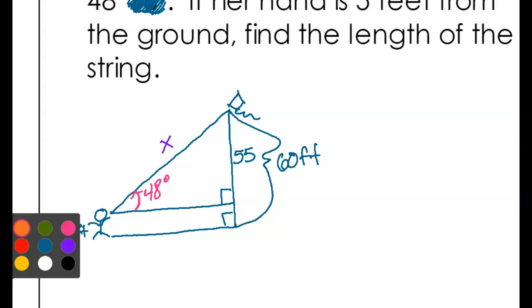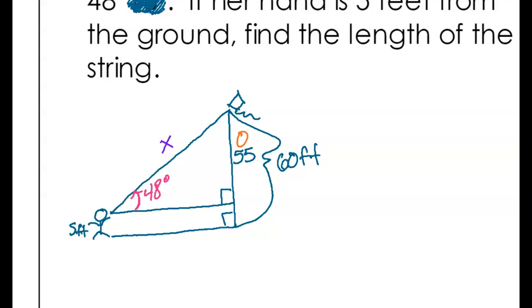First step to trig, label the triangle. 48 is our theta, 55 is our O, X is our H, and we don't have an A. So, by SOHCAHTOA, which trig function am I using here?